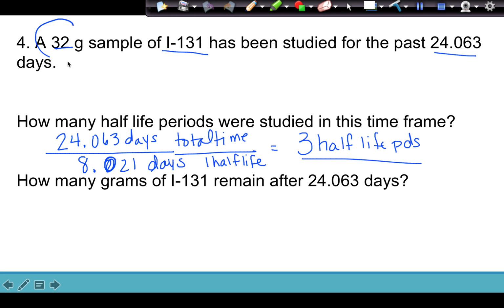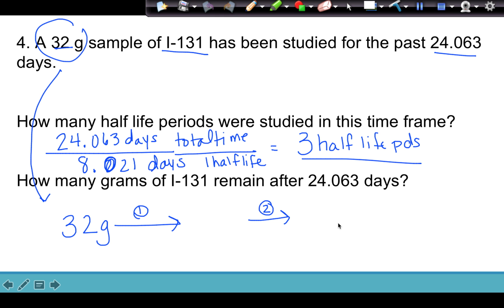And if they want to know how many grams remain, we're going to start with the original amount, and we're going to say that it goes through 3 half-life periods, every 8.021 days.